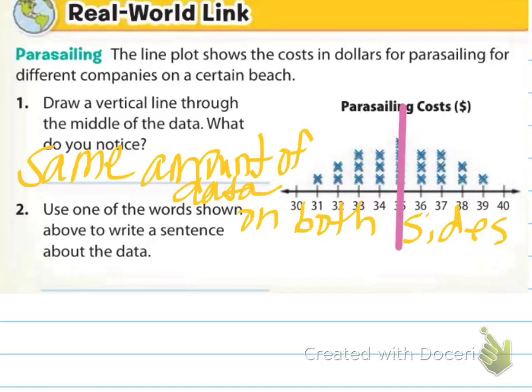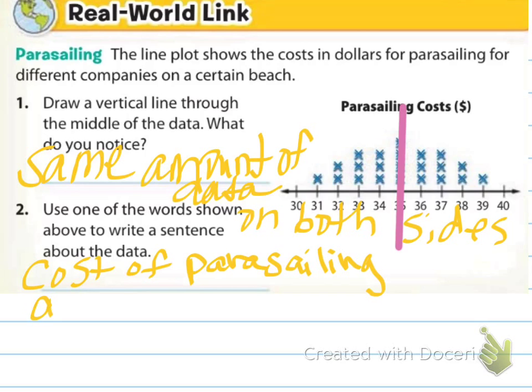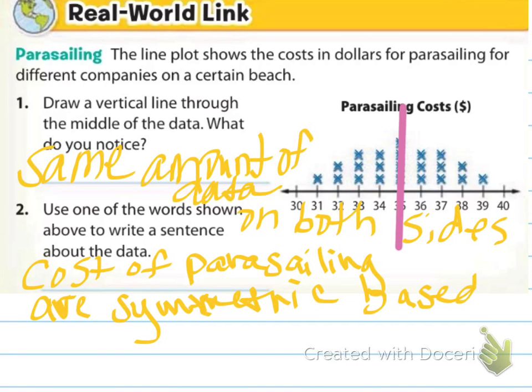So the cost of parasailing are symmetric. Sorry, you're not going to be able to read this, but are symmetric based on the highest and lowest cost.